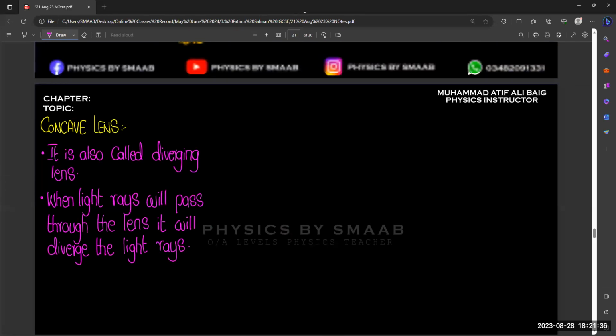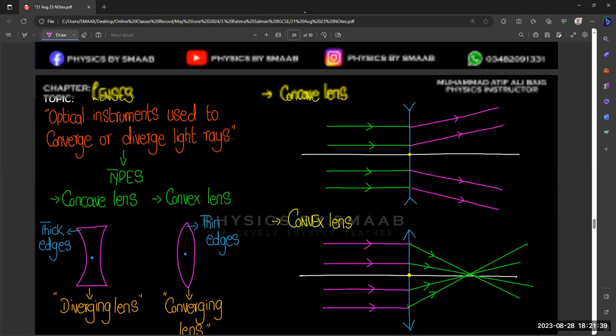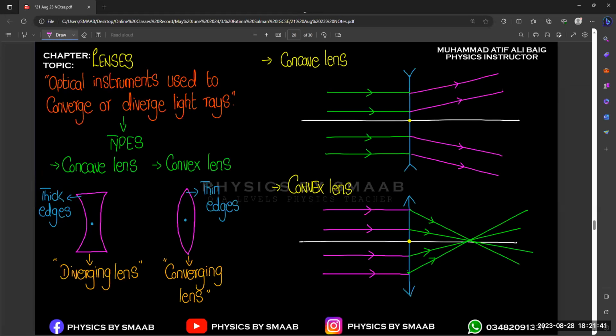And if we talk about some components, let's suppose this white line that we marked initially represents the principal axis. Basically this white line is just for our reference, and this reference will help you to mark the ray diagram and draw all the structure. So that is the concept of the principal axis.